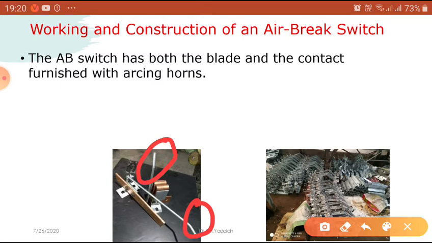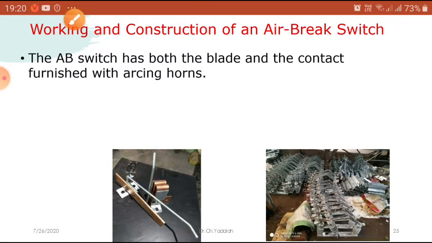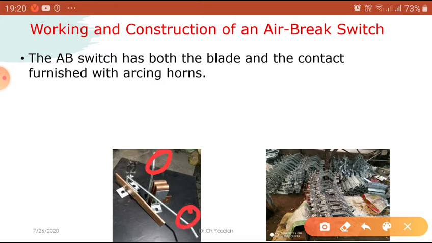That means whenever the interruption takes place, whether it is closing or opening, first the arc is formed between the two electrodes. You can see here, this is one arcing horn, and this is another arcing horn. In between them the arc is developed.